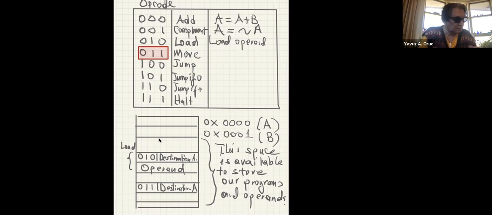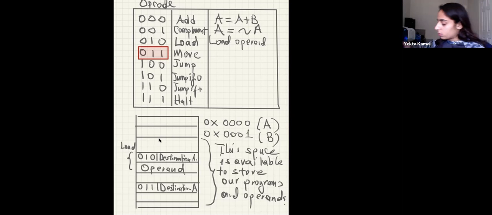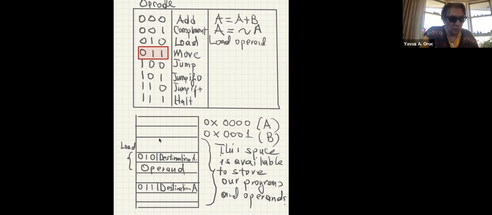Okay. Now the next place is not going to be an operand, but a source address. This is the distinction between these two instructions. So this will be a source address.